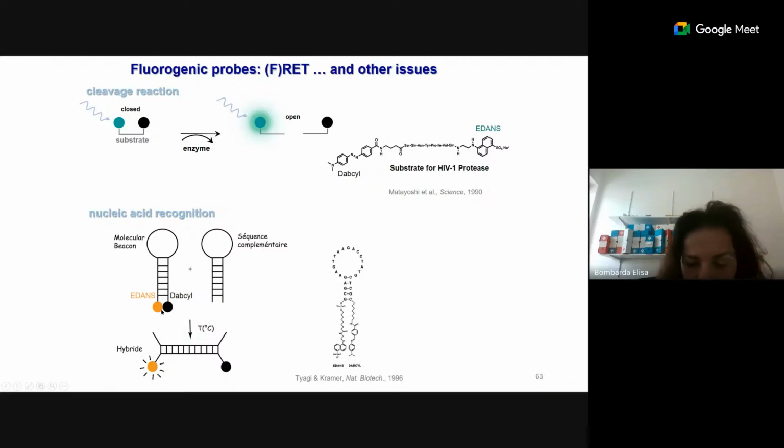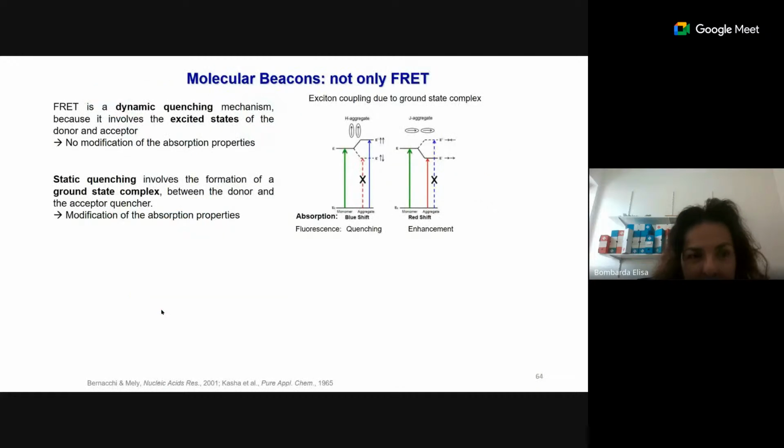In fact, that is also a point. Sometimes we see something that looks like FRET, but actually is not really FRET. And when the molecules are too close, there are some phenomena of static quenching that are involved.